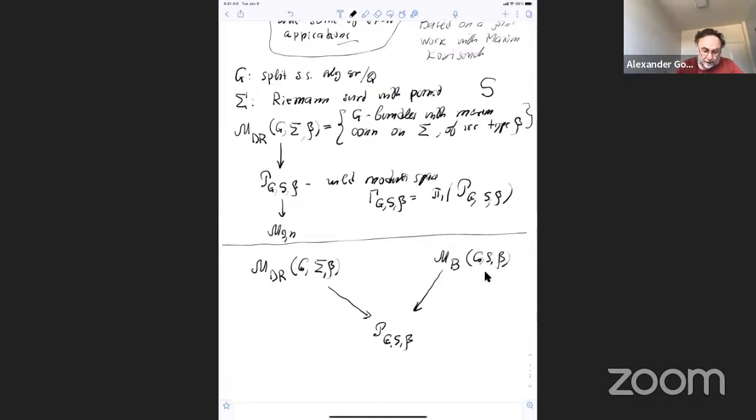And this space is actually locally constant over the base. So there is a map here pi beta, and there is a map here pi de Rham. And so this is a non-trivial deformation, as all of you know. It depends very much on the point on the base, but this one locally does not depend.